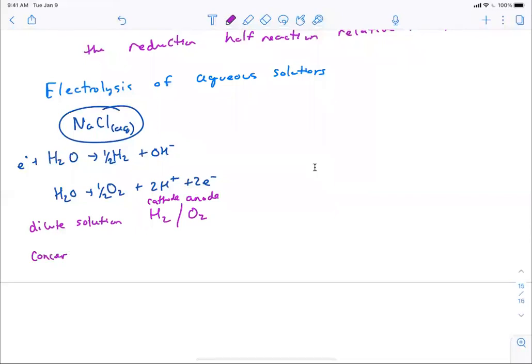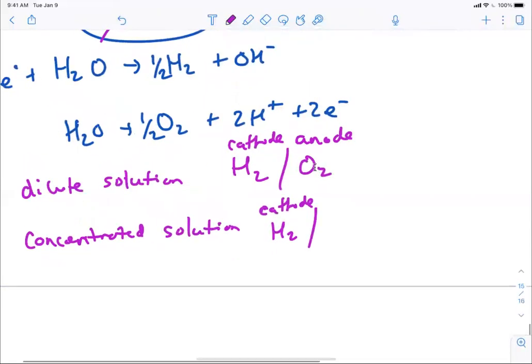But in a concentrated solution, still the Na doesn't reduce, so you'll still get H2 at the cathode, but you will get Cl2 at the anode, because in high concentrations, Cl is more attracted to the anode than water is, and so it's able to oxidize, even though it's slightly worse at oxidizing.